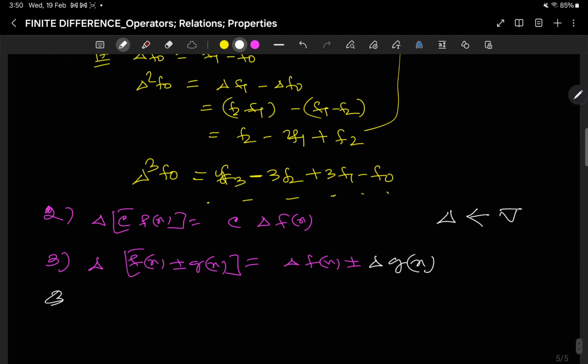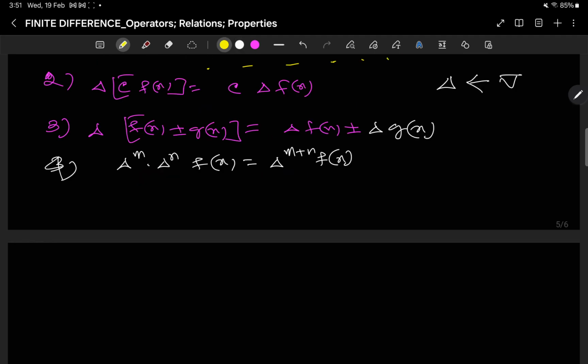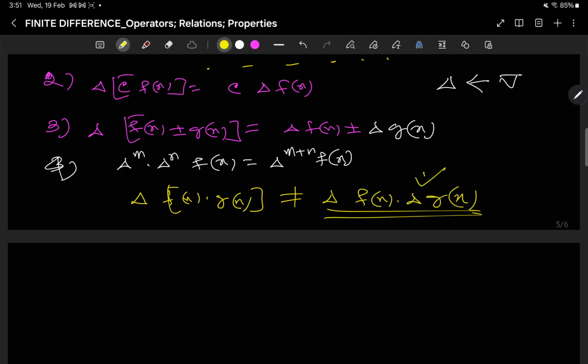Then coming to the fourth property, del to the power m into del to the power n f x is del to the power m plus n f x. Note that del of f x into g x is not equal to del f x into del g x.